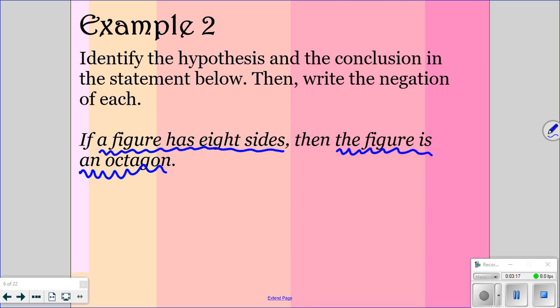So that's the hypothesis and conclusion. To negate them, we just need to put a not somewhere in there. It does need to make grammatical sense, so make sure that it makes sense when you read it. So if you want to write negation, it's that little symbol. So the negation of the hypothesis, a figure does not have 8 sides.